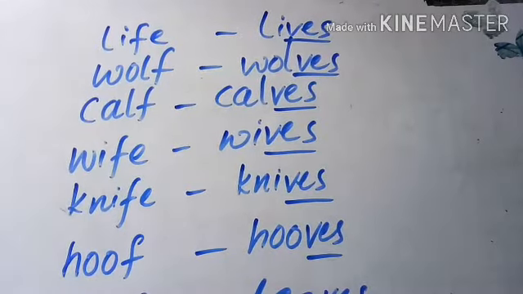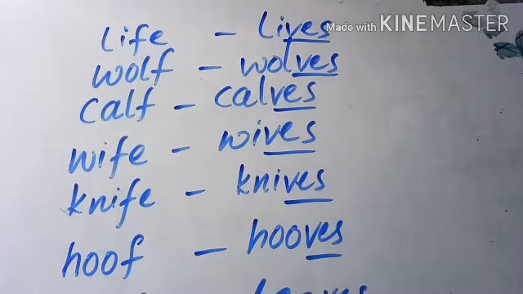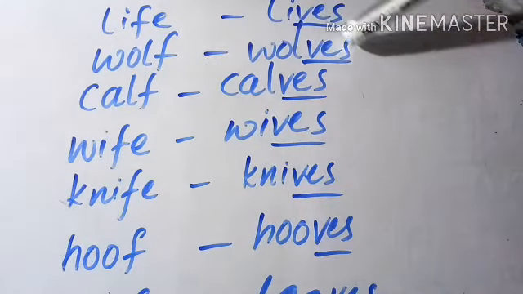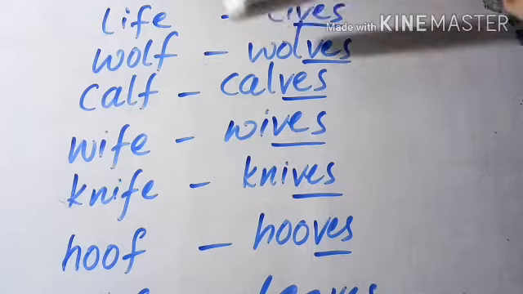Now we see some other plural forms which have ves as an ending. For the singulars ending in fe or f, when s is added, how should they be pronounced? Life, lives, z. Wolf, wolves.